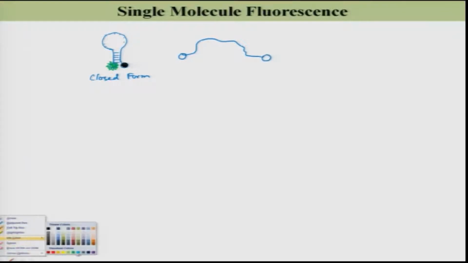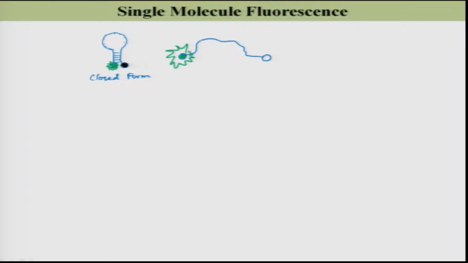Now, as the quencher molecule is far apart from the fluorophore, obviously the fluorescence intensity in this case will be much more compared to the closed form. So, this is your fluorophore and this is your quencher over here, and this is your fluorophore.